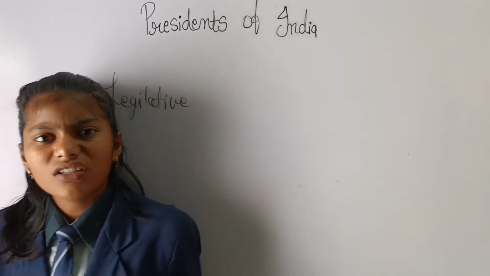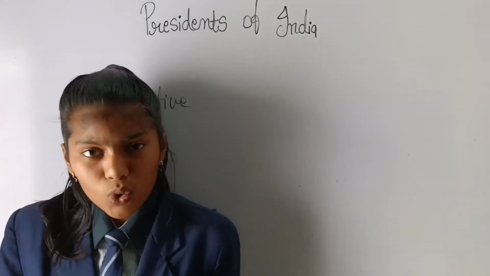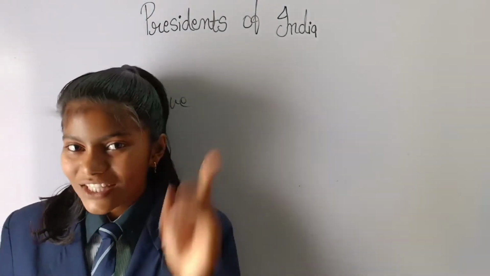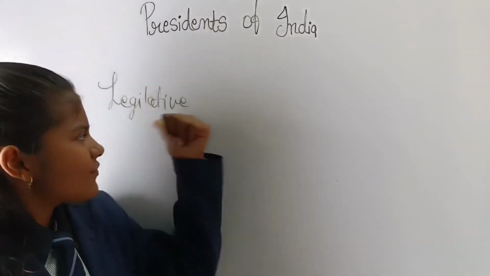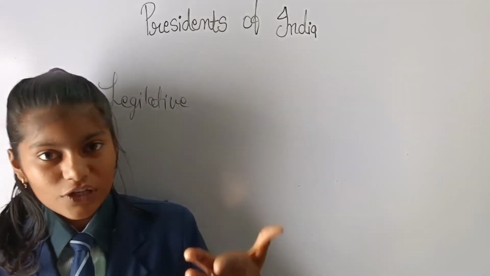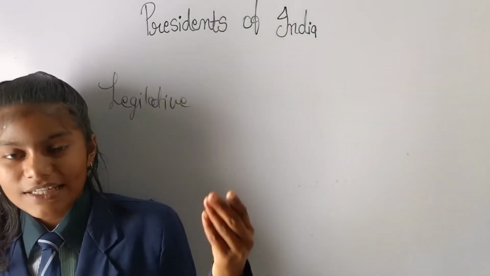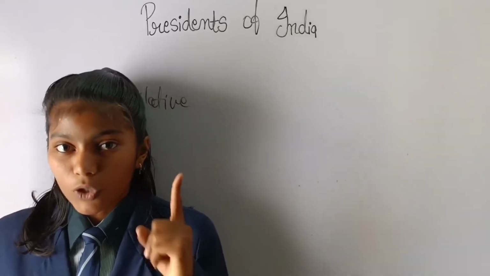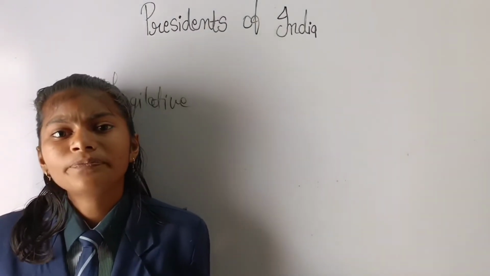Now, what is the difference between acts, laws, ordinances, rules, and regulations? There is a lot of confusion, so in this video we will clear that up. But let's complete the legislative powers first. The first is that any act can never be a law before the President says yes.